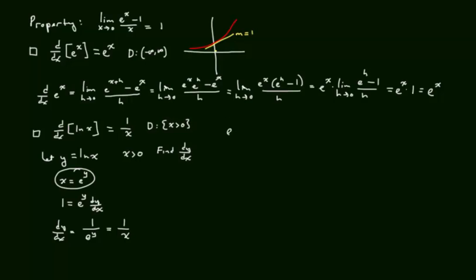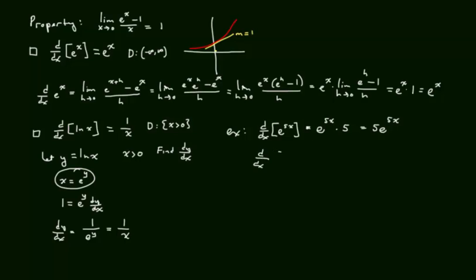While we're here, I want to do a quick example of both of these. What would be the derivative with respect to x of e to the 5x? Well, it's going to be e to the 5x times the 5, where the 5 is the derivative of the stuff. So I would say e to the stuff times the derivative of the stuff.